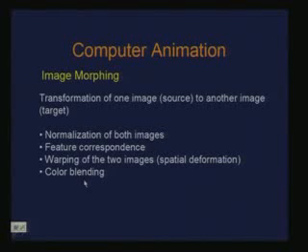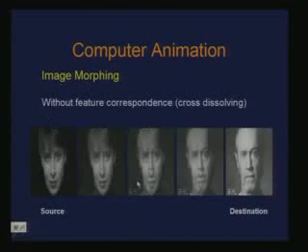Color blending is what you propose to have the blending of the two images, okay. So this is the outline of the method. That's what you need. Okay, so let me illustrate it further.